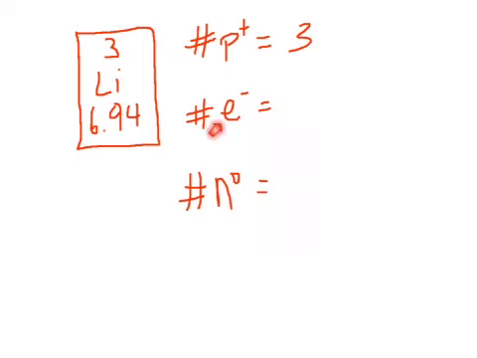The number of electrons was equal to the number of protons, so again, I have 3 electrons. Finally, the number of neutrons was equal to the mass number rounded, so this will round to 7, minus the protons. 7 minus 3 equals 4 neutrons.